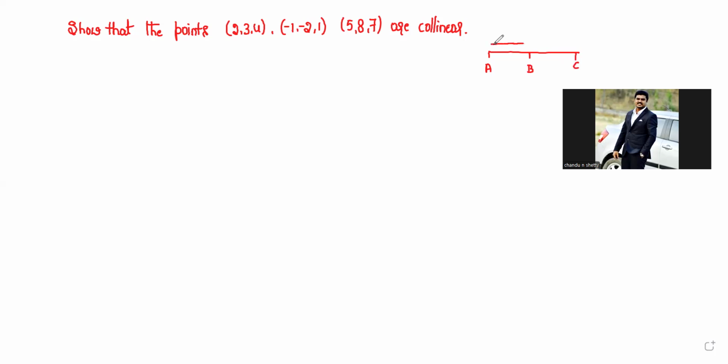So first we want to find out AB and again BC. If both are parallel, then this is what collinear means. Okay.